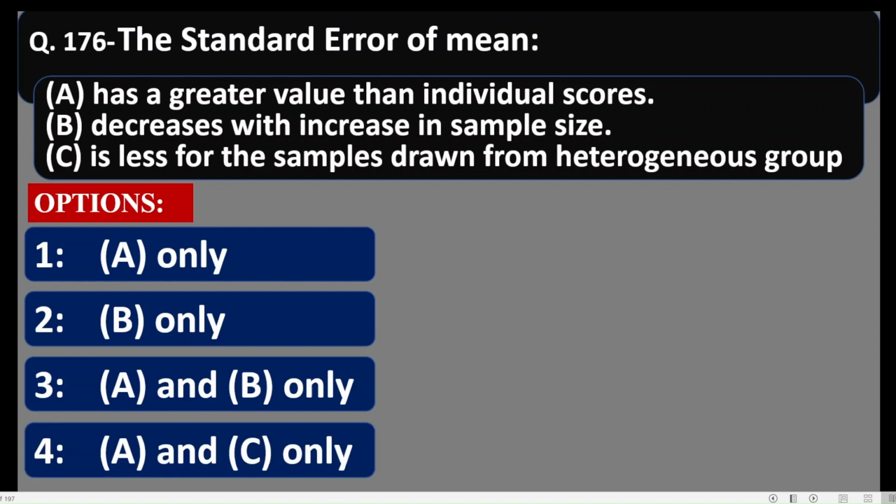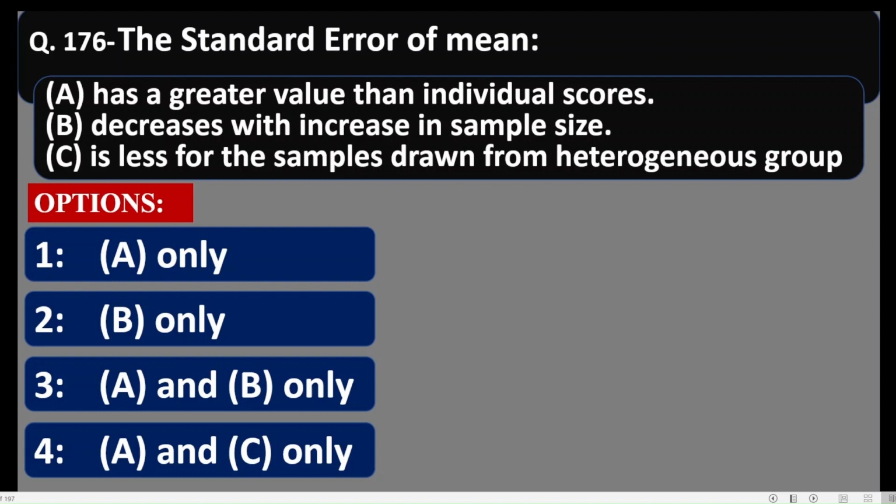We have to decide which of these three statements is correct. Let us see the first one. Standard error of mean has a greater value than individual scores. It is impossible. It is always less than individual scores.